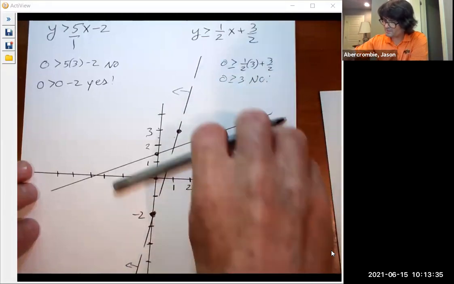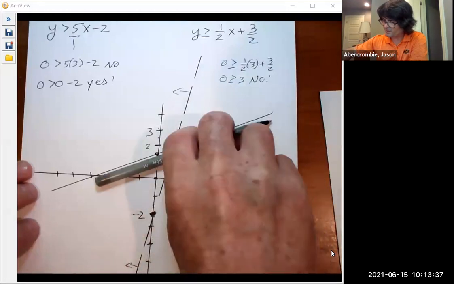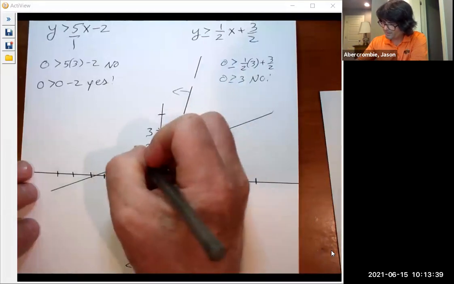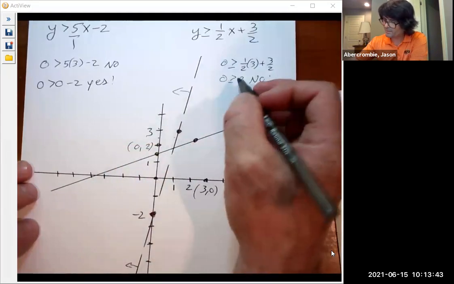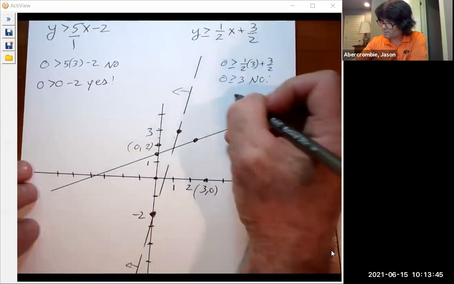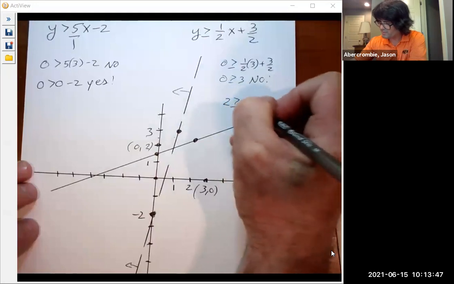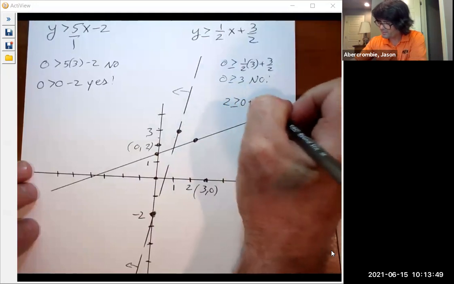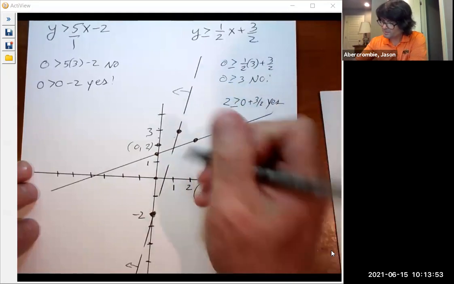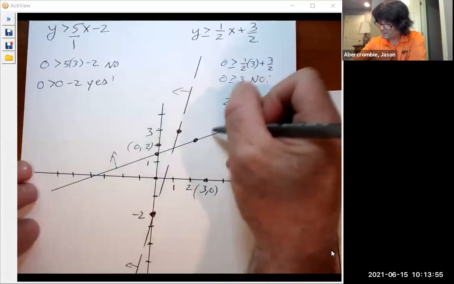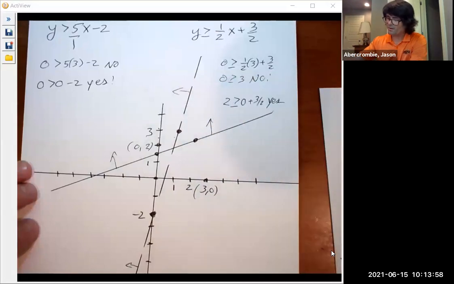So for the solid line, this is the false side. How about 0, 2? That's right here, on the other side. Let's try that out. You put in 2. Is 2 bigger than or equal to 0 plus 3/2? Yes, 2 is bigger than 3/2. So this is the true side of the solid line.